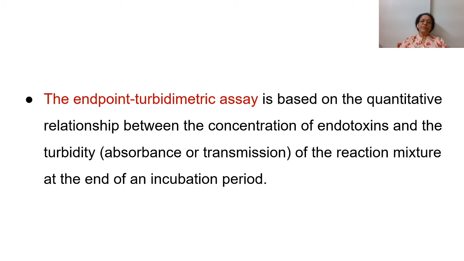The endpoint turbidometric assay is based on the quantitative relationship between the concentration of endotoxin and the turbidity which is developed. This can be measured in the form of absorption or absorbance and/or transmission of the reaction mixture at the end of the incubation period.